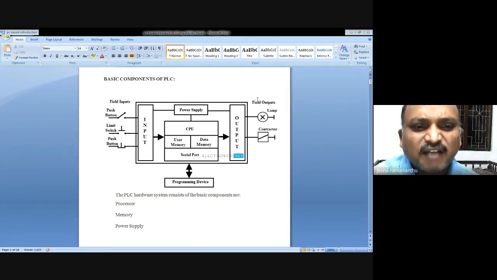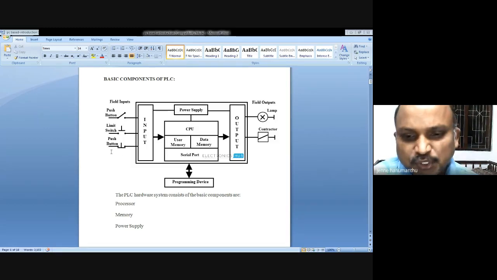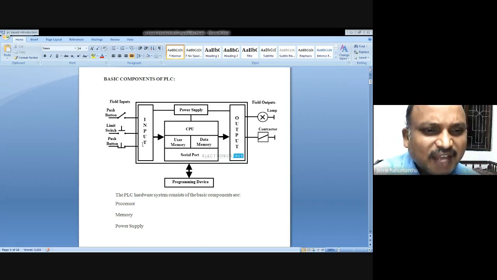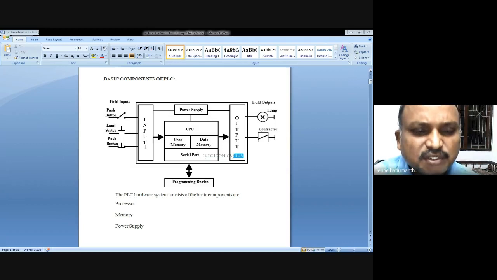These are the input sides and these are the output sides. It accepts some inputs. Here we are placing push buttons, limit switches. Based on those inputs, they are processed here, because it is a processor.